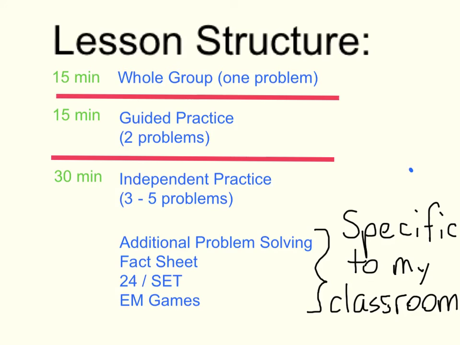Then, in the next 15 minutes, the students will be given 2 guided practice problems. And the 30 minutes that remain for independent practice, 3 to 5 problems will be asked for the students to complete independently. The question we always have is, what happens when the student finishes all 5 problems and time remains?